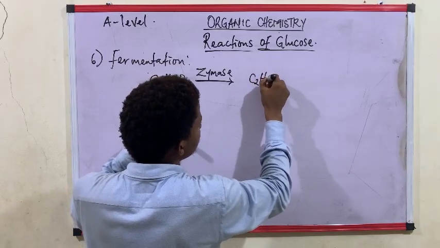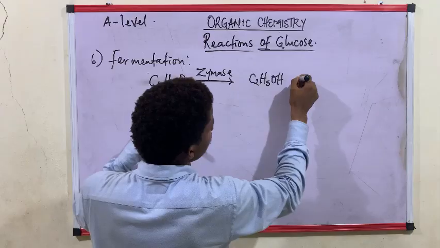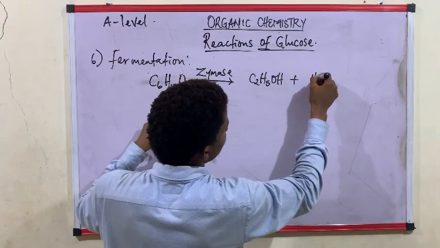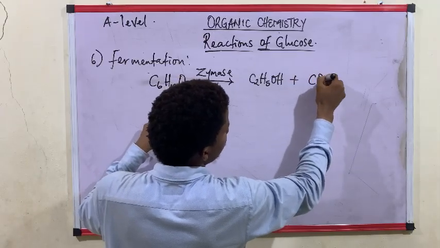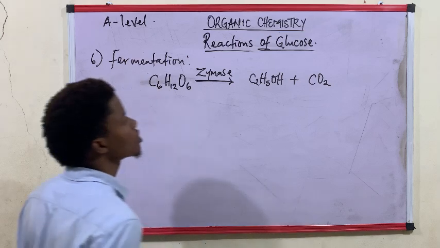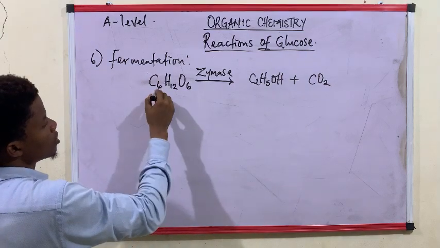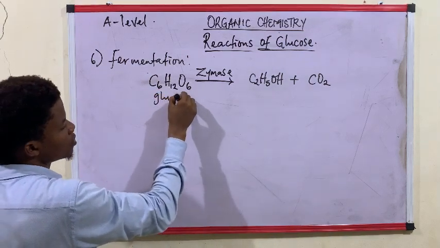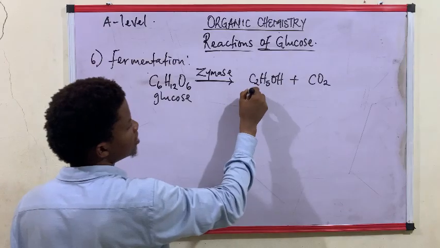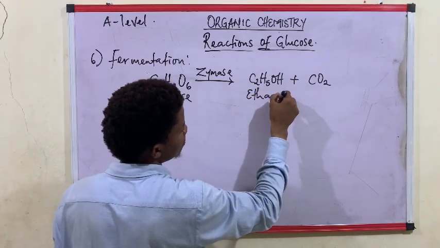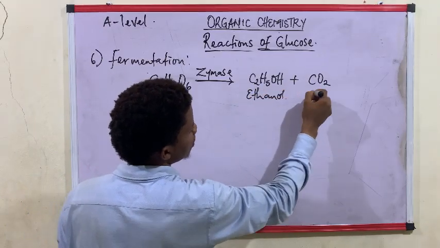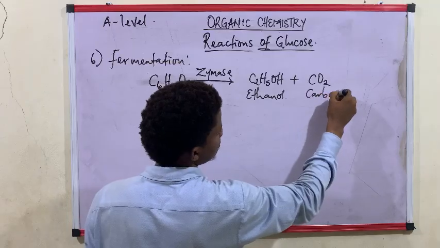Ethanol, C2H5OH, plus carbon dioxide. So these are glucose, these are ethanol, and these are carbon dioxide.